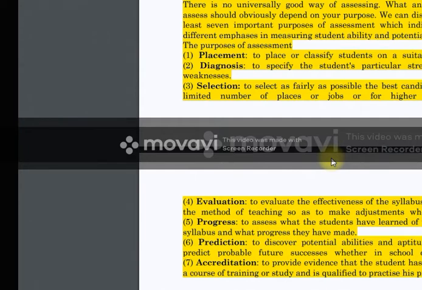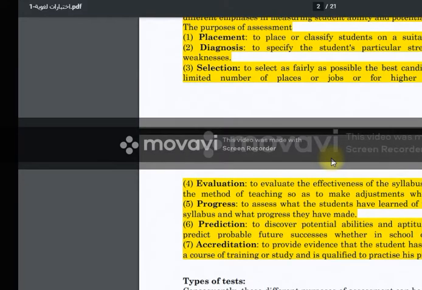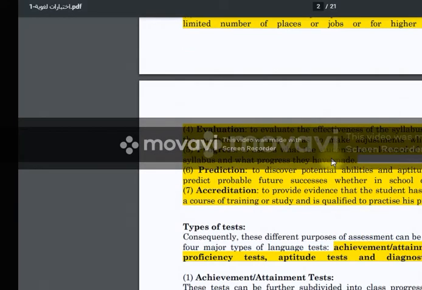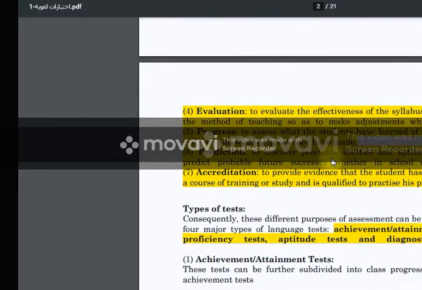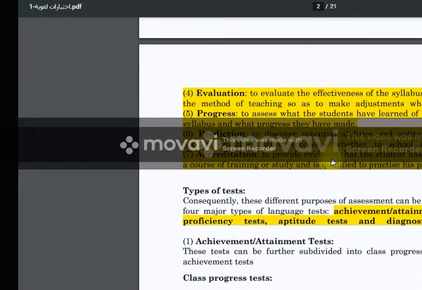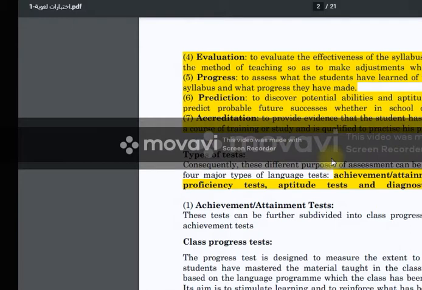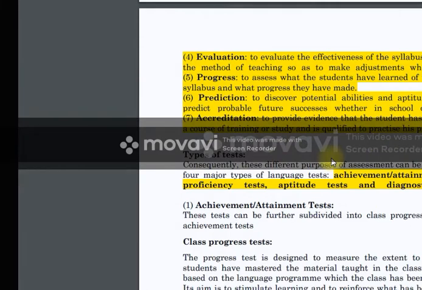At the middle of the semester, I can assess what the students have learned and what aspects are still difficult for them to learn. And at the end of the semester, I can also conduct a test for the purpose of collecting information related to the students' progress throughout a specific semester.